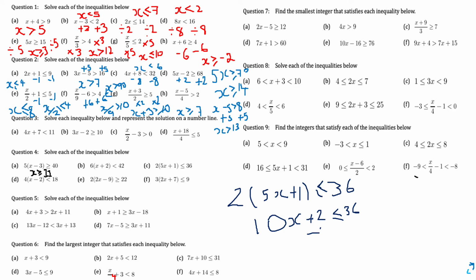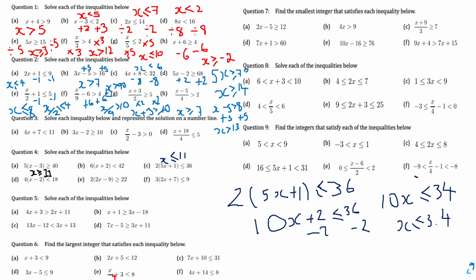Subtracting 2 on both sides, I get that 10x is less than or equal to 34. Dividing both sides by 10, we get that x is less than or equal to 3.4, guys, or 34 over 10. Okay, I'm just going to put 3.4 here. Okay, so that's the answer for part C.